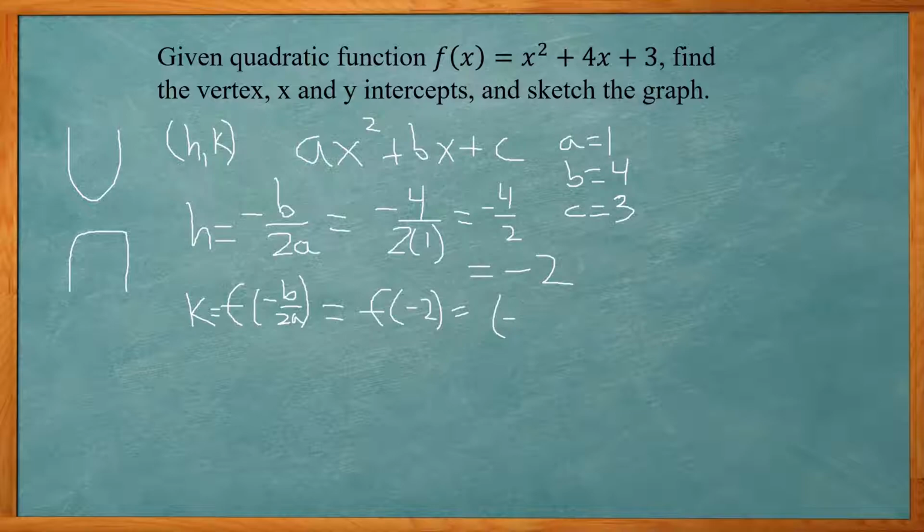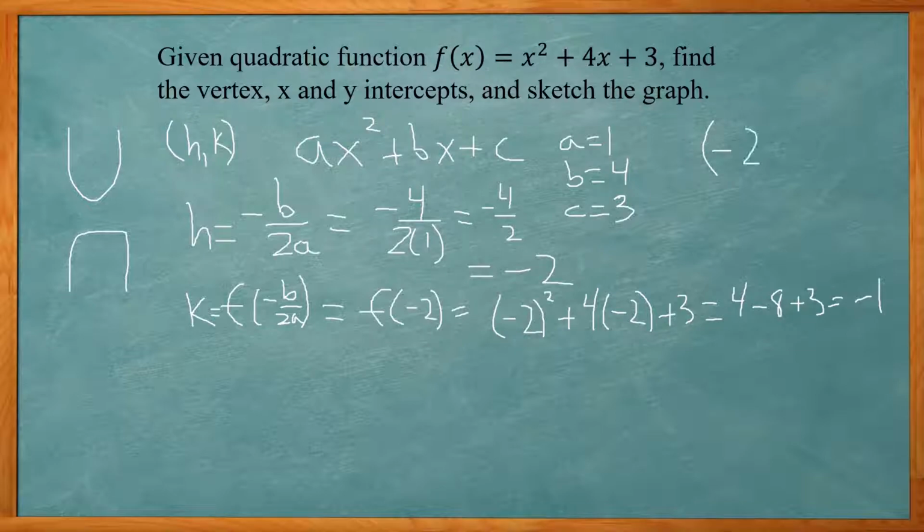We're going to have negative 2 squared plus 4 times negative 2 plus 3. That's going to give us 4 minus 8 plus 3, which is going to give us negative 1. Alright, so our vertex is at negative 2, negative 1.